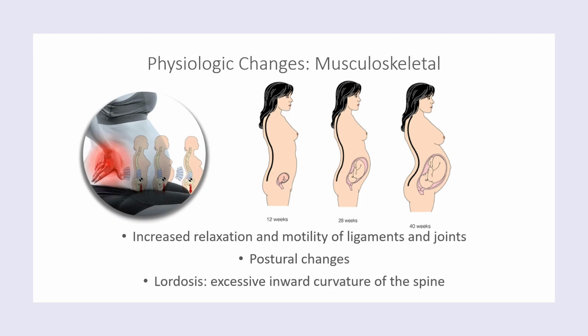At this time, the patient may also be walking with that waddle walk because of the relaxin hormone that causes the pelvis to relax, the ligaments to relax. All of that may change her posture, as well as her lower extremities. She may be waddling. Again, all of this is to prepare her body for labor down the road.